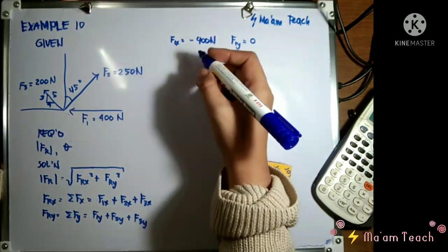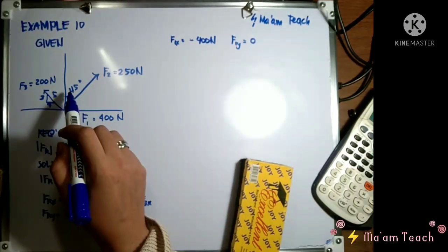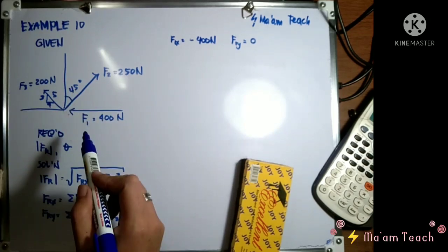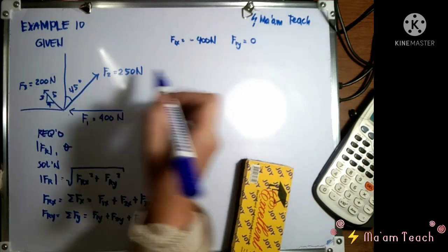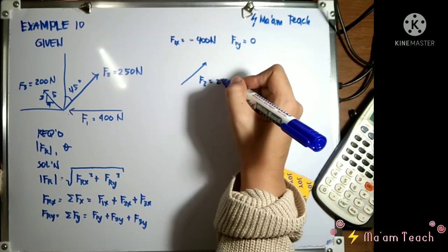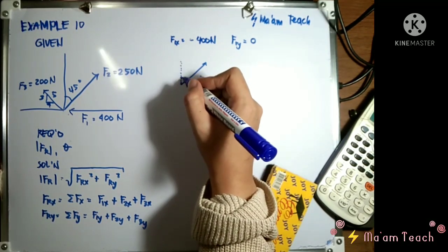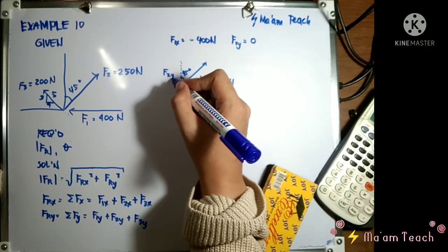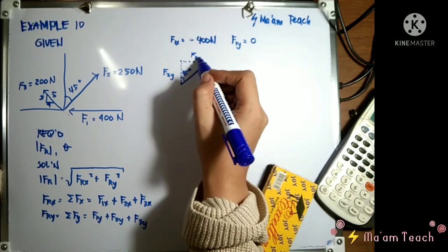Now how about for F sub 2? For F sub 2, class, we have here given the angle, but it is with respect to the y-axis. So obviously this is the F sub 2, which is 250 Newton. This is the angle that is given, which is 45 degrees. So obviously this is our y component, and this one is our x component.